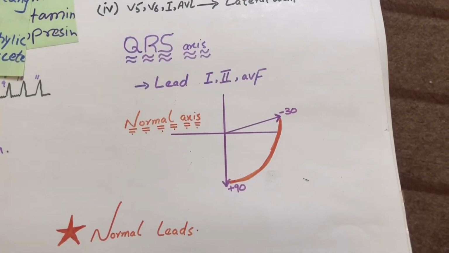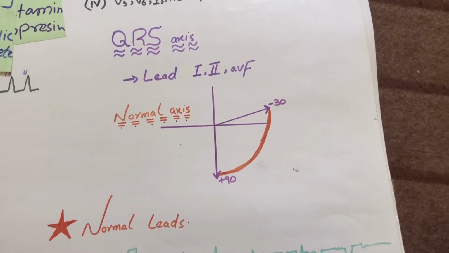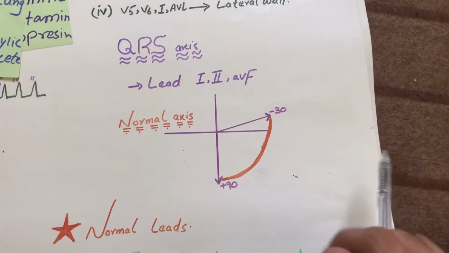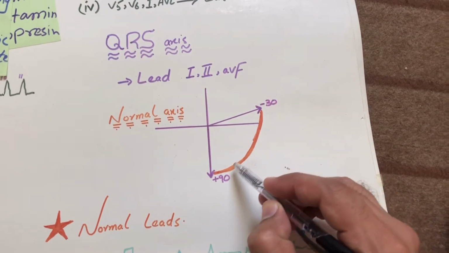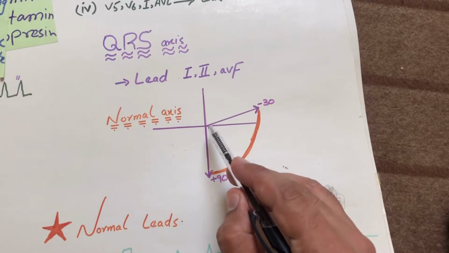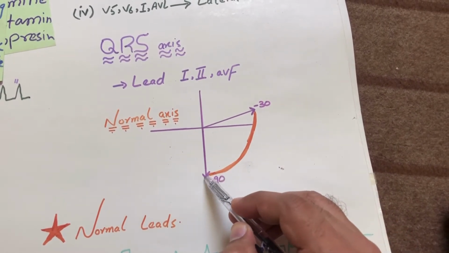In other words, you can say that the axis of the heart means how much area has been covered by the depolarization of the ventricles. As we said, this is the area, it is from -30. Let's consider this is 0, and when you go to this side you are going to +90.